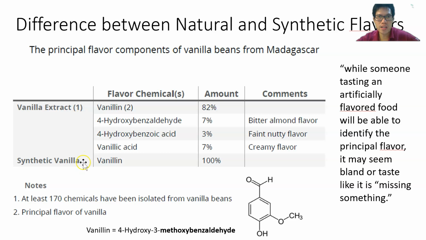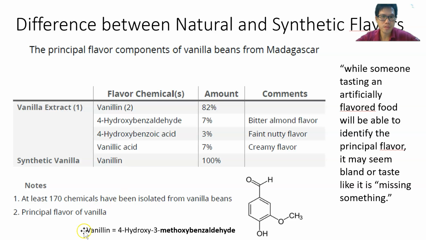This is basically the difference: the extracts contain additional molecules that give flavor and complement the vanillin to give you a fuller flavor, whereas synthetic generates 100% vanillin. You're still able to identify the vanilla flavor, but something is missing.